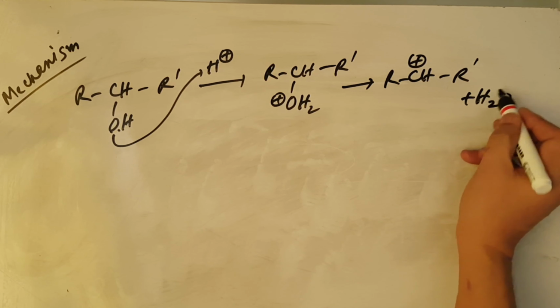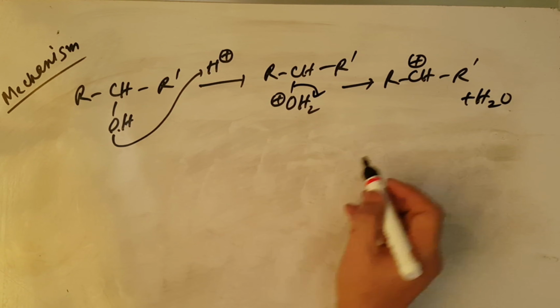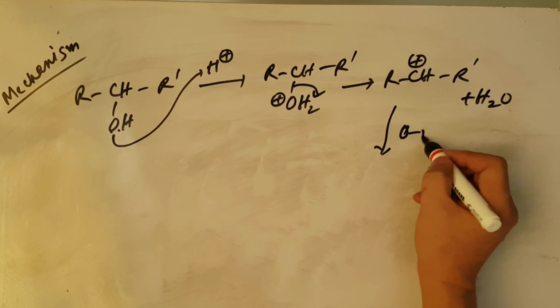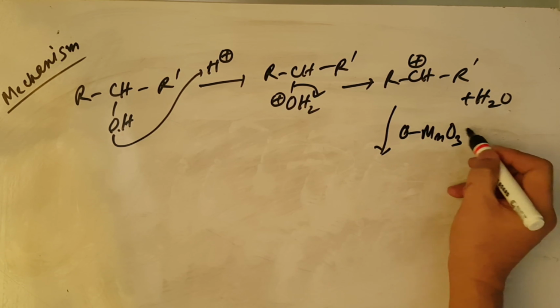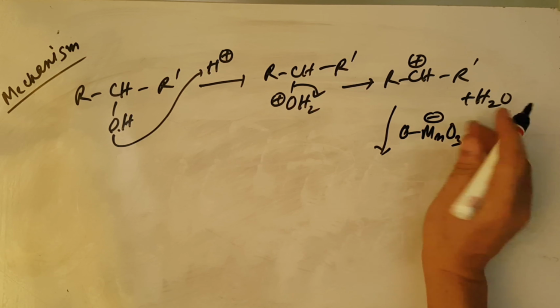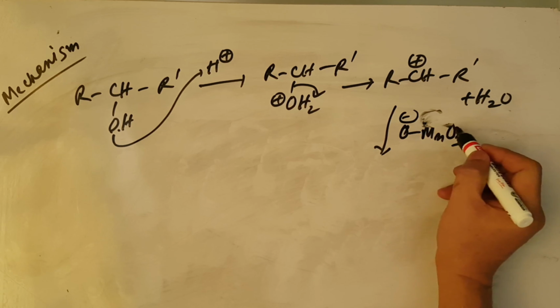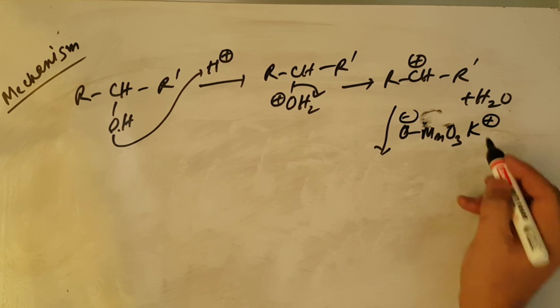This then reacts with potassium permanganate. You can write KMnO4 or MnO3 with a negative charge, K+. The structure is like this.